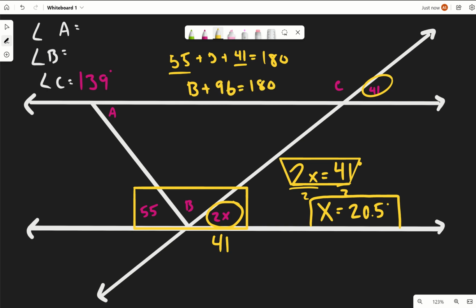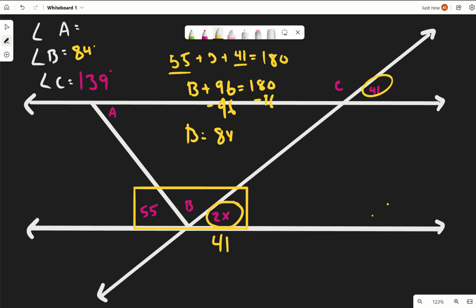And we would subtract 96 from both sides. And we would get B equals 84 degrees. So we know that B equals 84 because all three of these measures add up to 180. We know these two, and so we just subtract them from 180 to get to B.